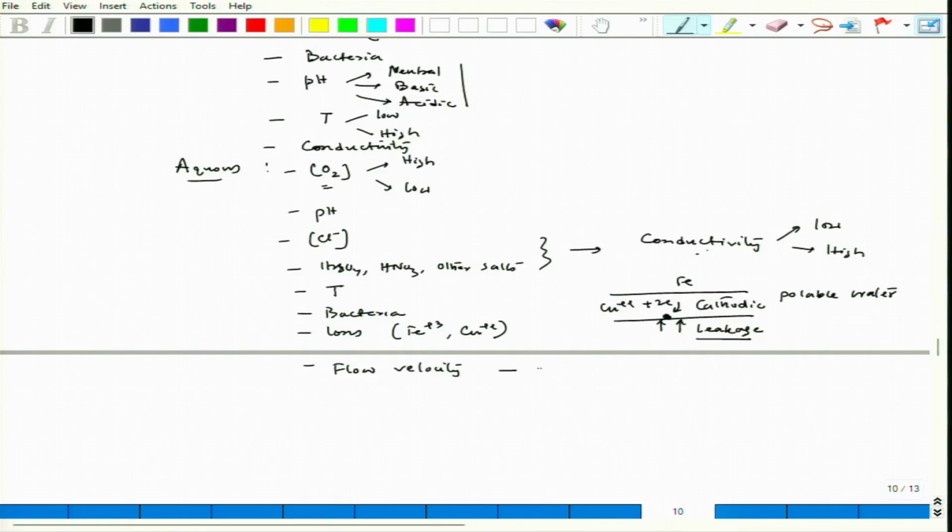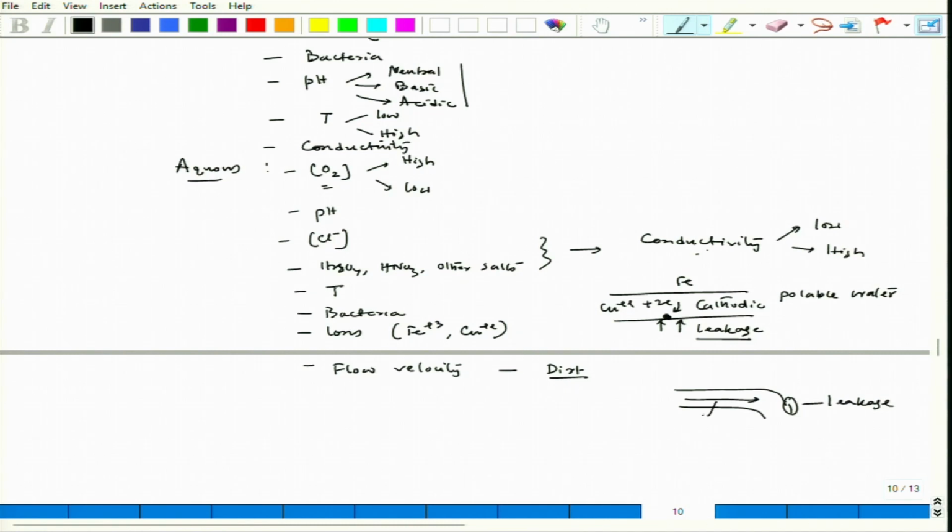For example, if we have a lot of dirt, see this dirt when it flows at a high rate, it could actually hit the surface. For example, if we take a pipeline, if we have a clean flow, no dirt, the effect of leakage around this place would be less.